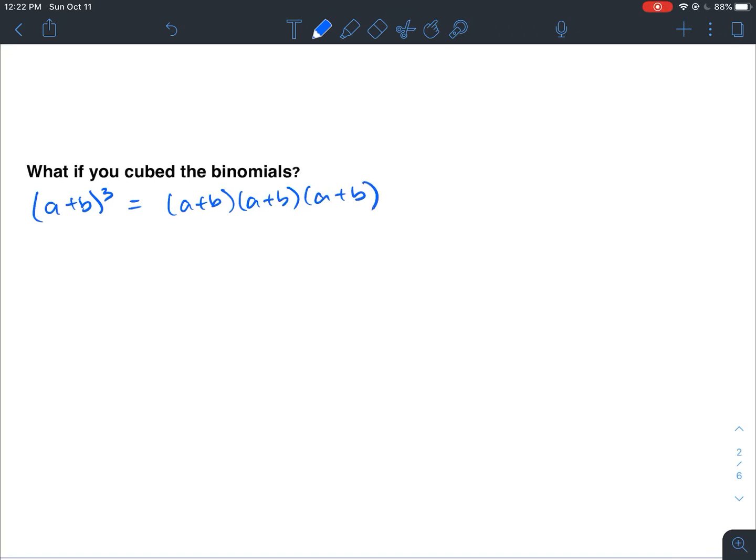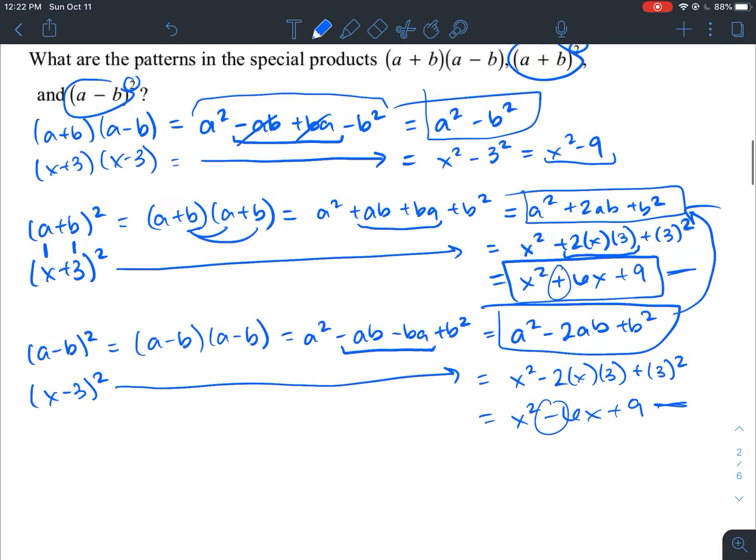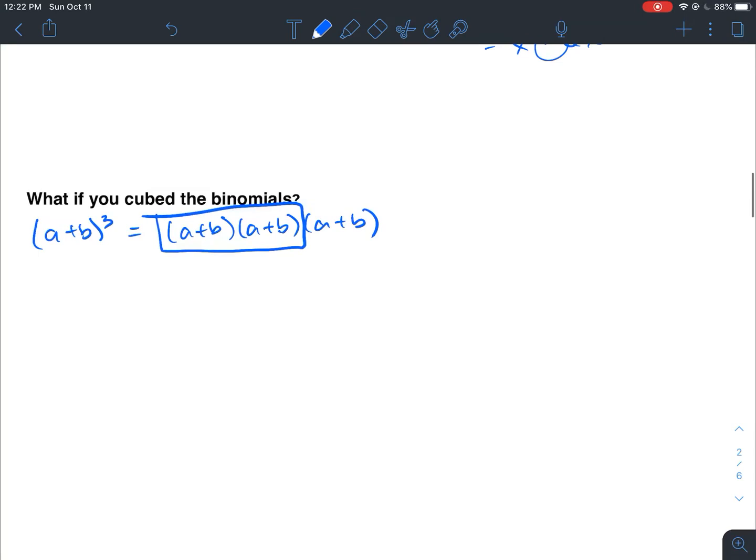Okay, so here's the thing though. We already solved for this right here, right? We just solved for that just up here. A plus b squared is this right here. So I'm going to go ahead and write that in its place down here. So that's equivalent to a squared plus 2ab plus b squared, and we're multiplying it by a plus b.